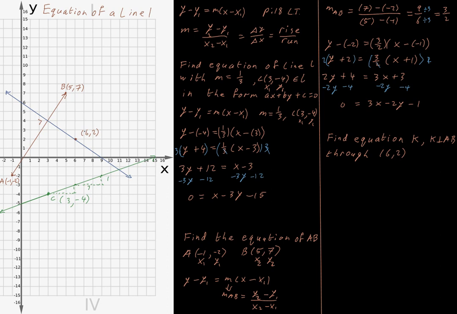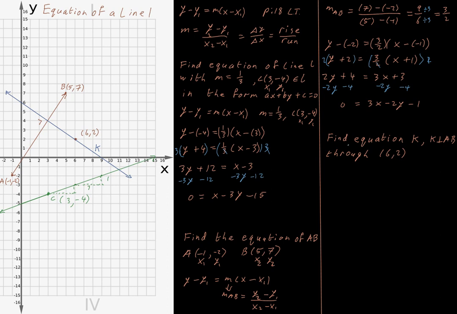That means it's at right angles to AB. And we know that it goes through the point 6, 2. So our line K must pretty much look like that. It's going at 90 degrees, or at a right angle, to the line AB, and it's going through the point 6, 2. So we now know what K should look like. Let's see what we get for its formula.